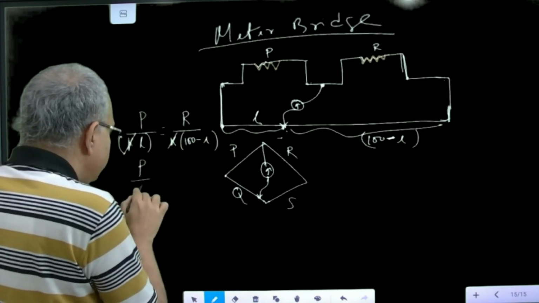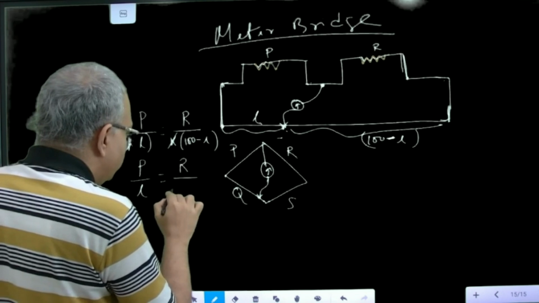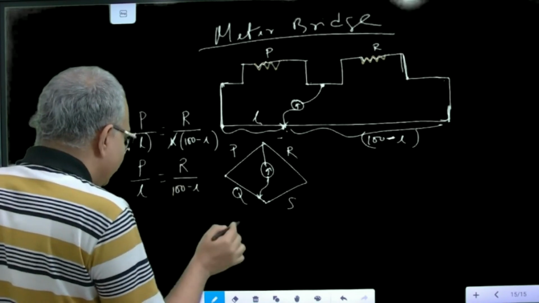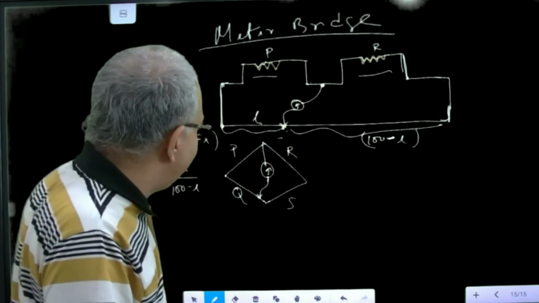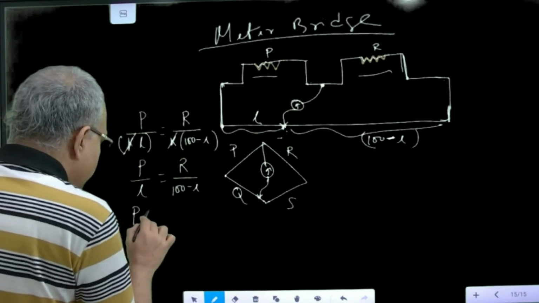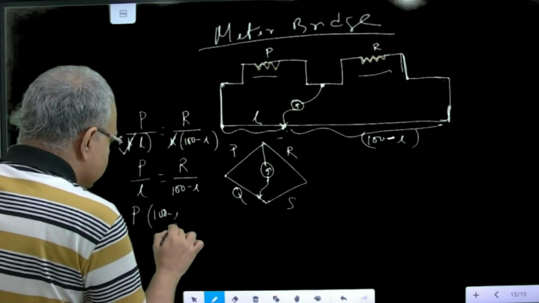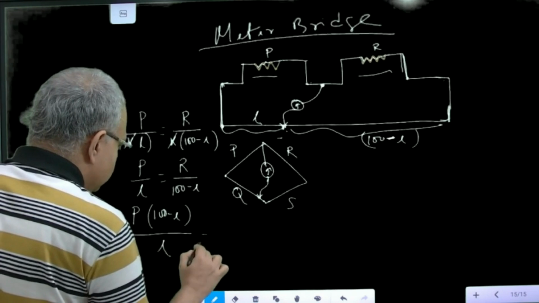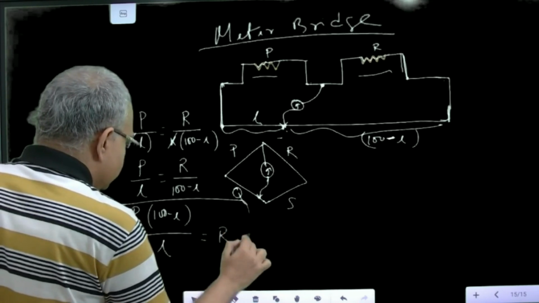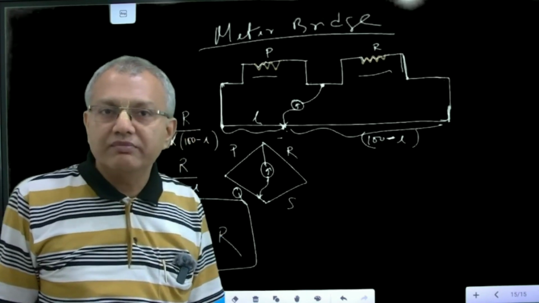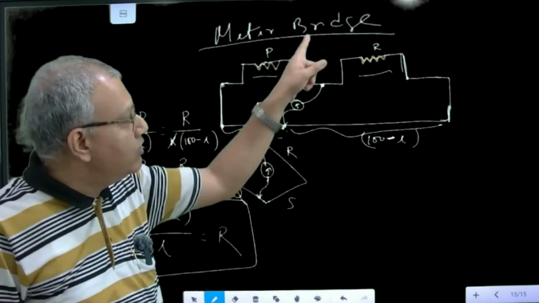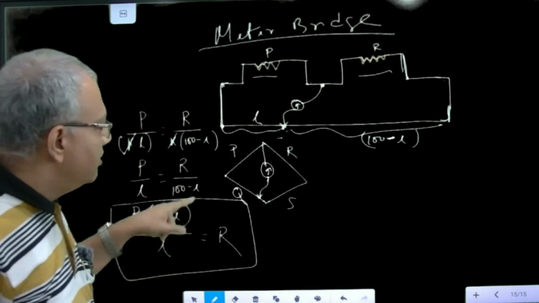I can write P by L is equal to R by 100 minus L. So if P is known and R is unknown, we can write R equals P into 100 minus L by L. This is one of the important formulas used. So the unknown resistance can be found by this process.